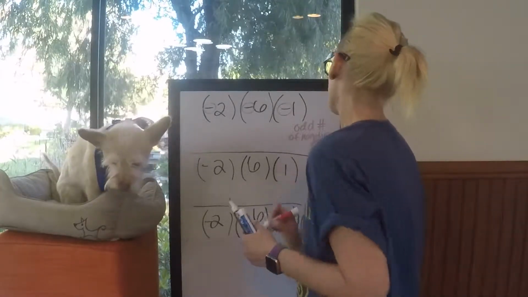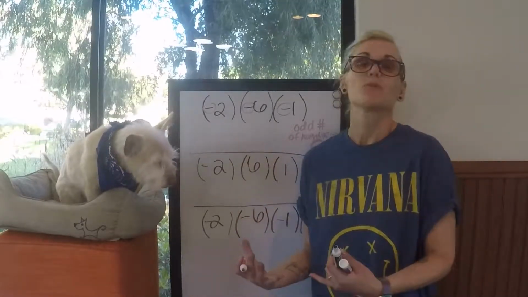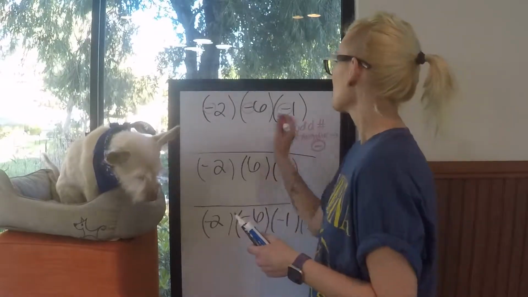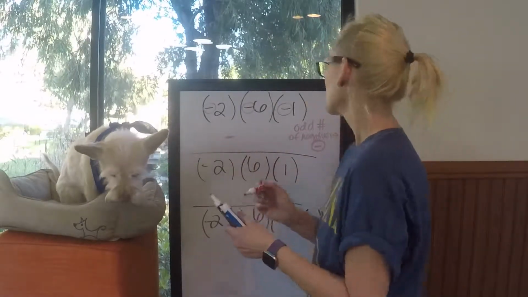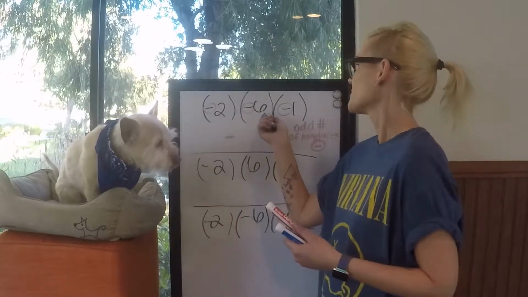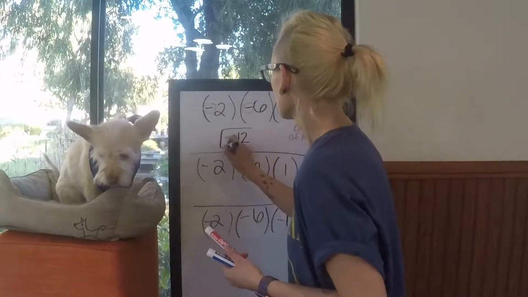If your negatives don't have a pair, if they don't get to be coupled with anybody, it makes them sad. It's going to be negative. So figure out your sign first. We know it's negative. Then do the math. 2 times 6 is 12. Times 1 is 12.